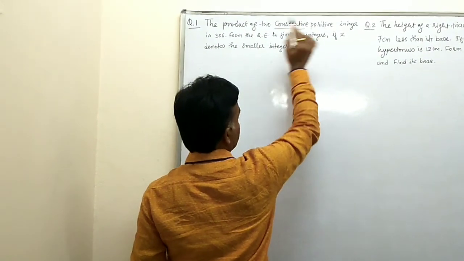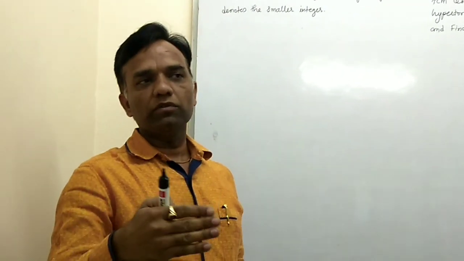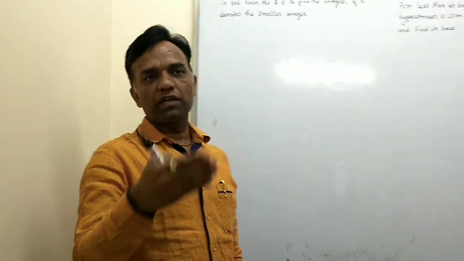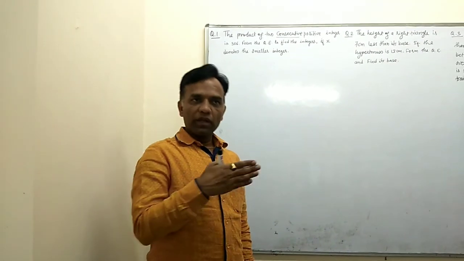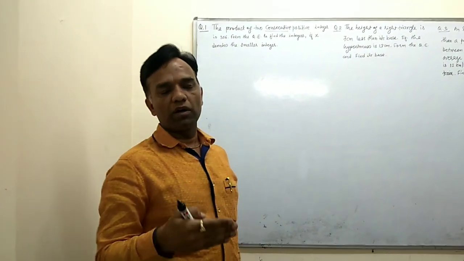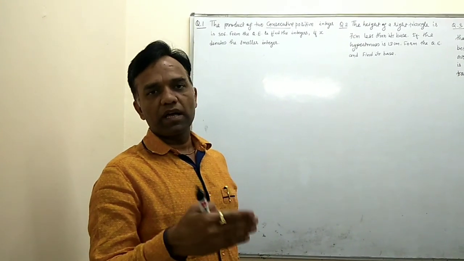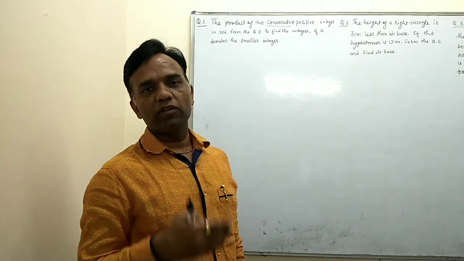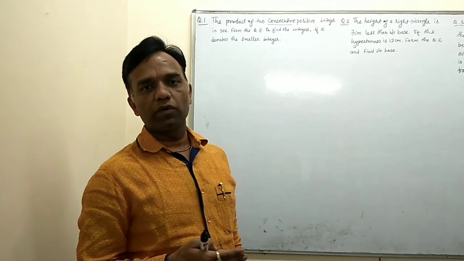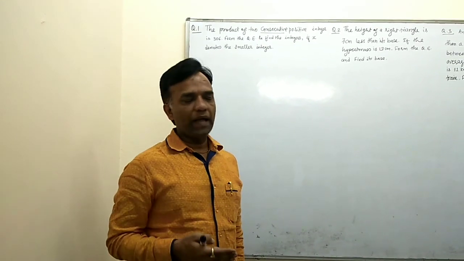Consecutive means successor: the consecutive of 2 is 3, and of 3 is 4. Like you have 10, and adding 1 gives the next number, 11. So adding 1 to any given number gives its consecutive.